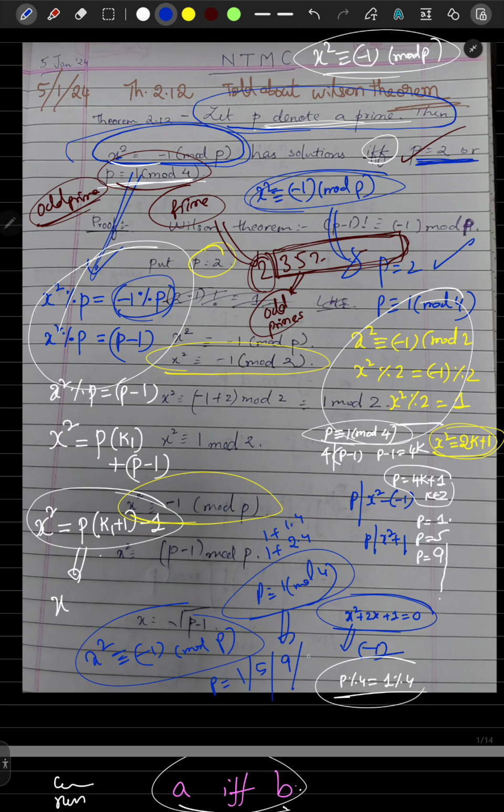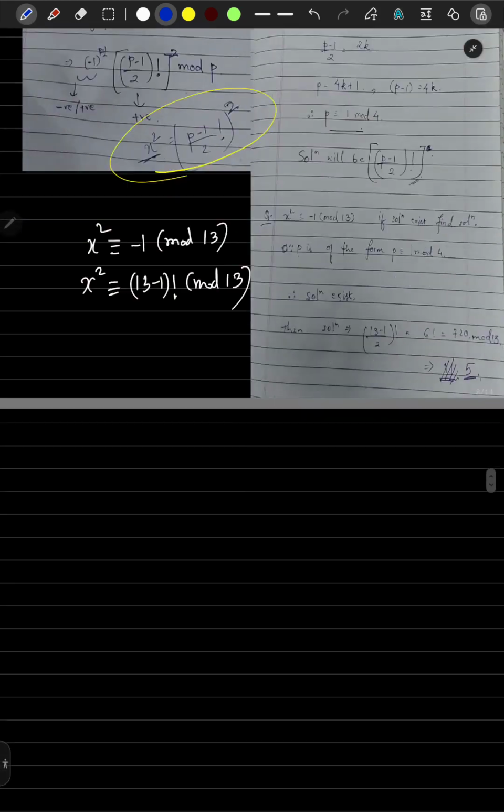Next 13, and so on. Similarly 1 plus 0 into 4 is 1, and 1 plus minus 1 into 4 is minus 3, which means negative also. Understand?